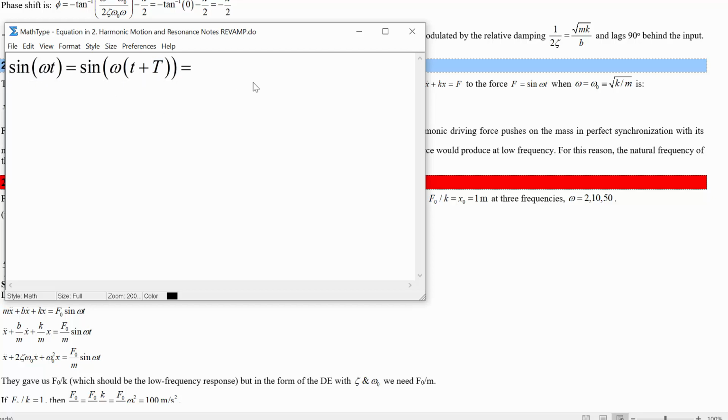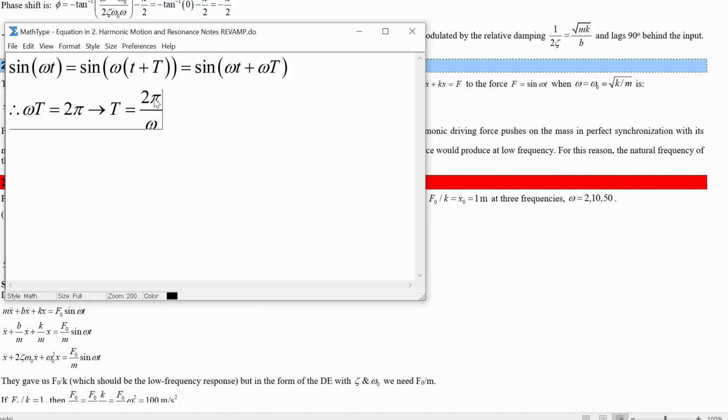And that means that adding omega times the period inside the sine has to be the first thing we could have added that brings us back to the previous position of sine. And that means omega t is 2 pi, because 2 pi is the period of sine. All right, so then the period is equal to 2 pi over omega.